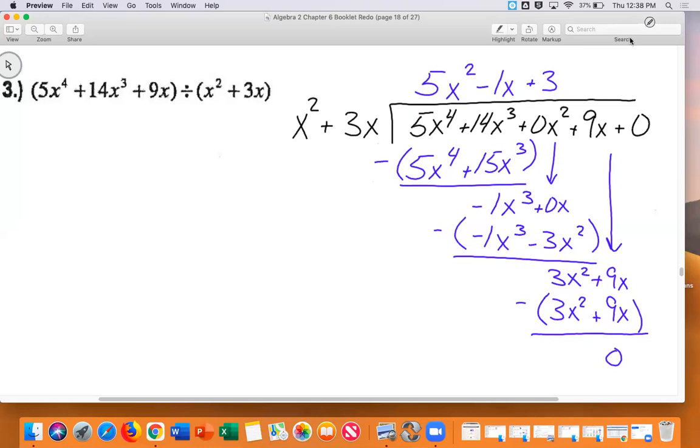Close. You're close. It does have something to do with solutions, all right? But it's more or less that my divisor x squared plus 3x is a factor. Remember we were talking about all the factors, right?